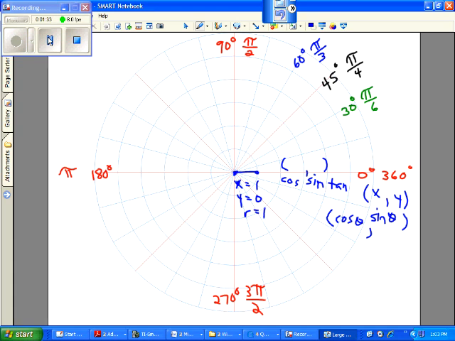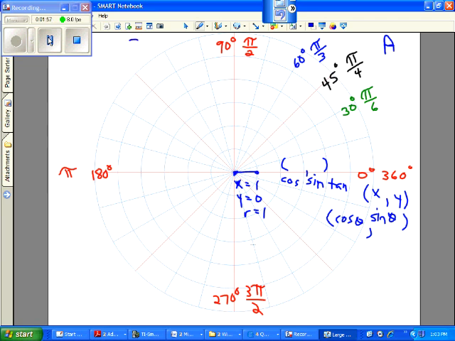Now, we know that sine is what? Sine is y over r. Now, I'm going to do it this way. In trigonometry, they're all positive in quadrant 1. In quadrant 1, all of them are positive, sine, cosine, tangent.